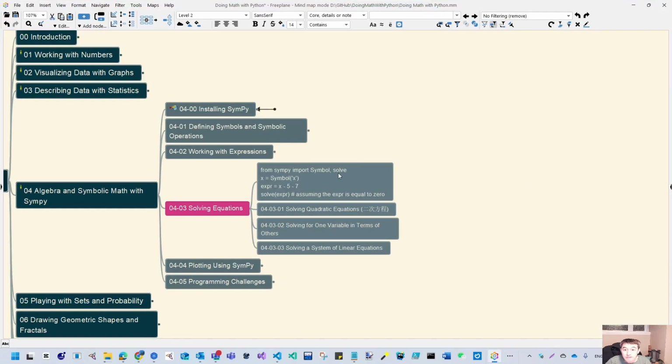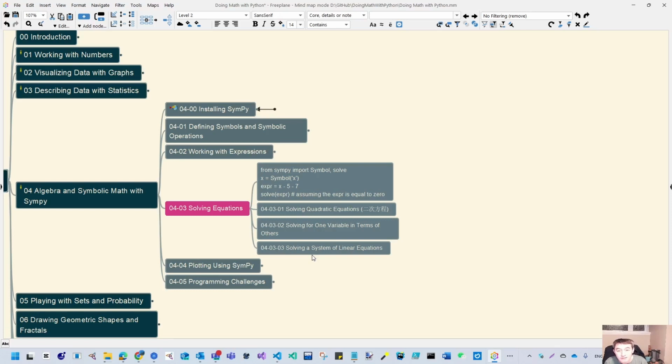In a recap, we learned the new solve that we need to import from SymPy. Then we use solve with an expression, reformed to look like our equation, and we use this solve to solve our quadratic equation. Then we can identify which variable we want to solve for using this chapter. Last but not least, we use solve to solve multiple equations.